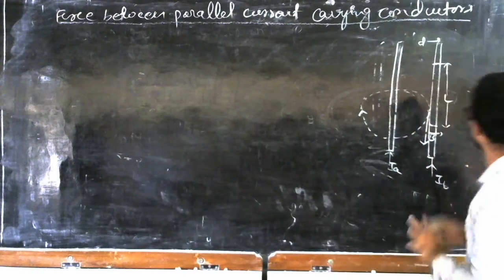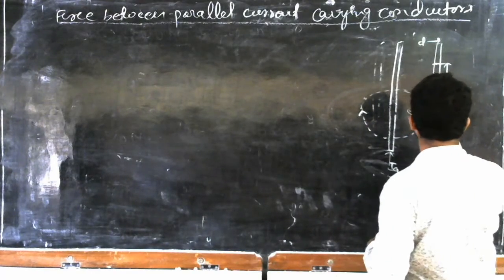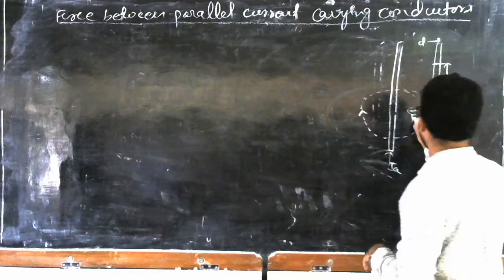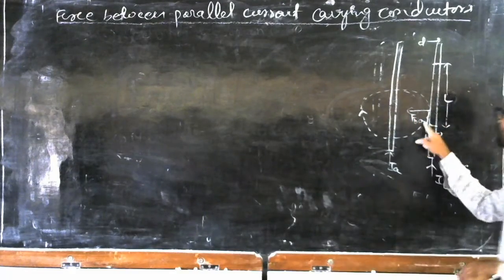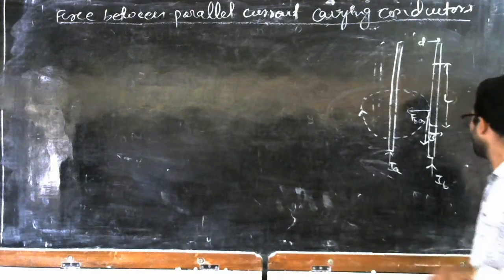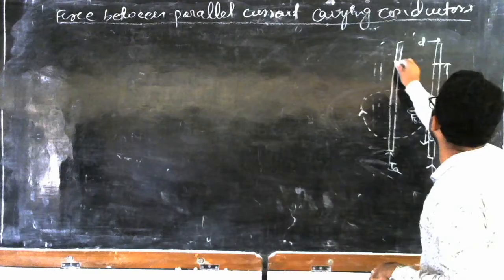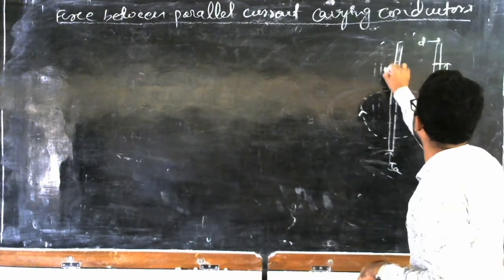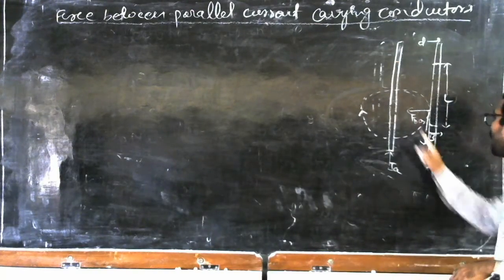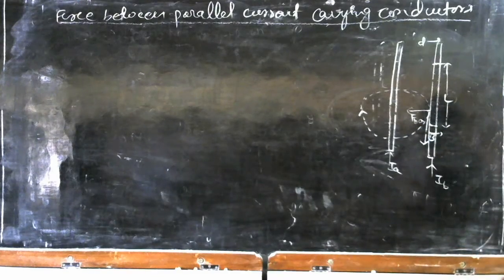So let me draw. At this point, the direction of F on B, due to A, is F_B, which is directed towards this. Similarly, let us take the same length of element here also, and let us find the magnetic field on this element due to this conductor.